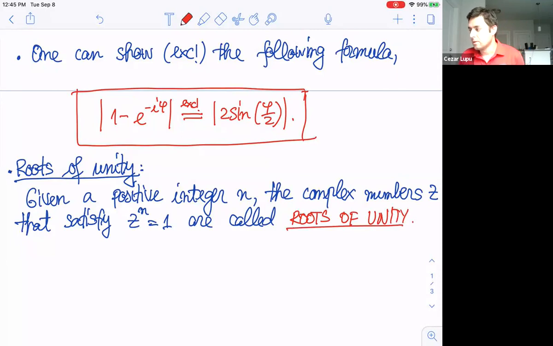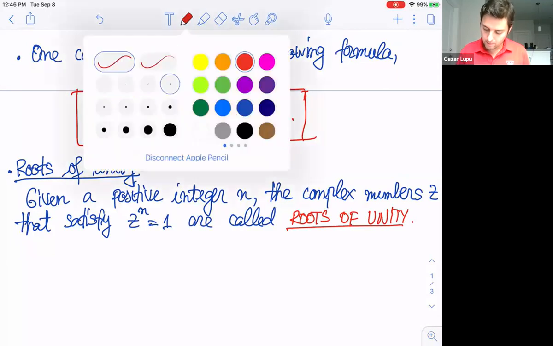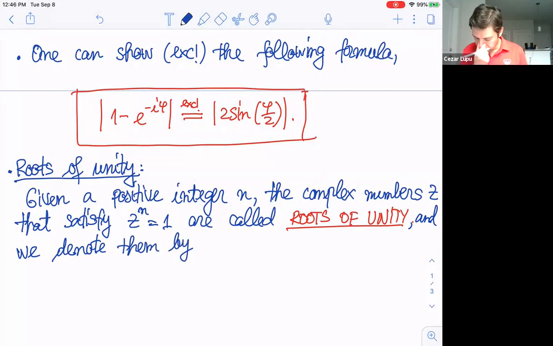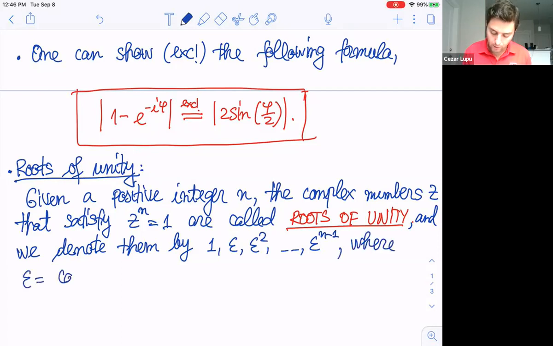We denote them by 1, epsilon, epsilon squared, all the way up to epsilon to the power n minus 1, where epsilon is cosine of 2 pi over n plus I sine of 2 pi over n, right?